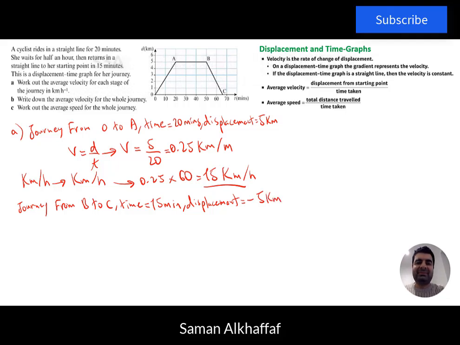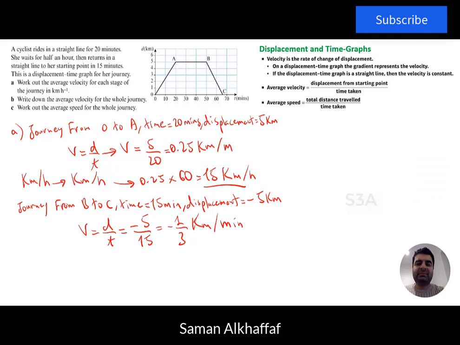The average velocity will be displacement over time. So we would have minus 5 over 15, and that would give us minus a third in terms of kilometers per minute.